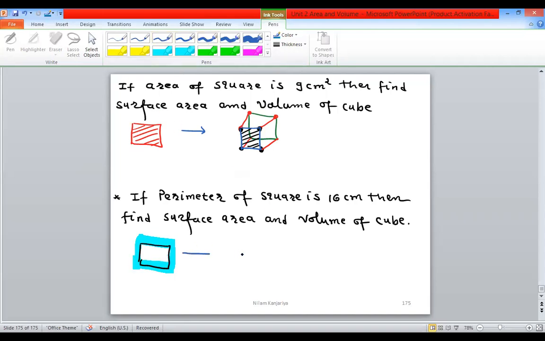And by this you can find the same thing, surface area and volume of the cube. Here you have this upper part.